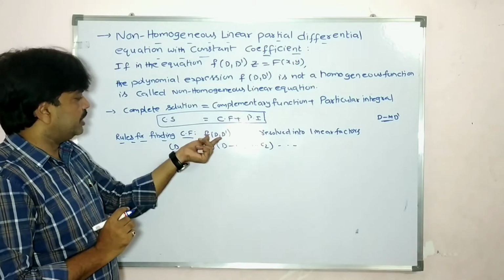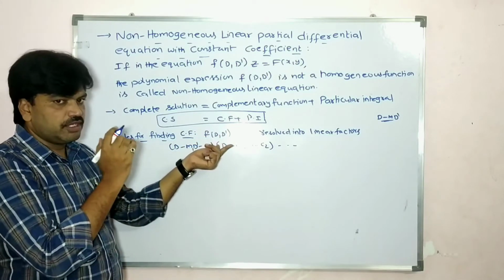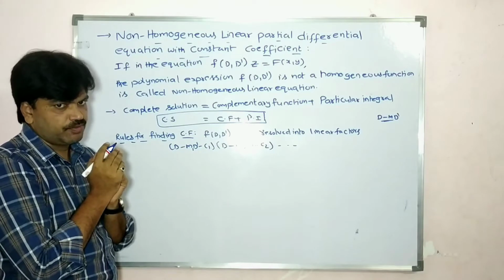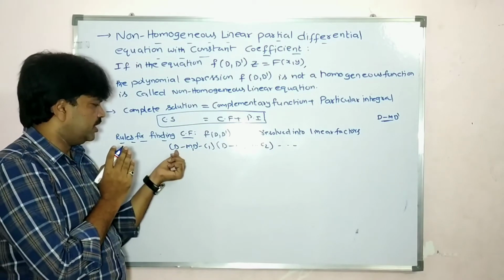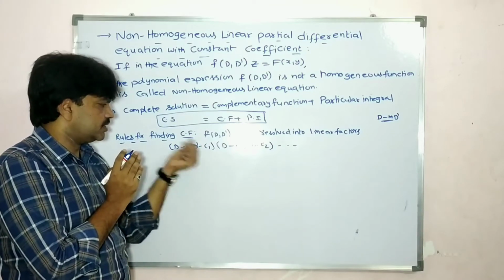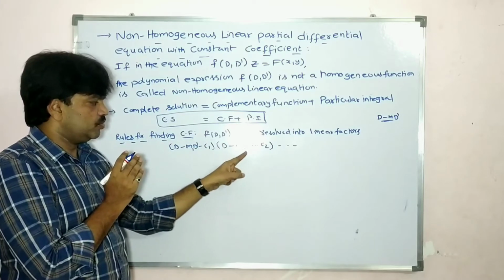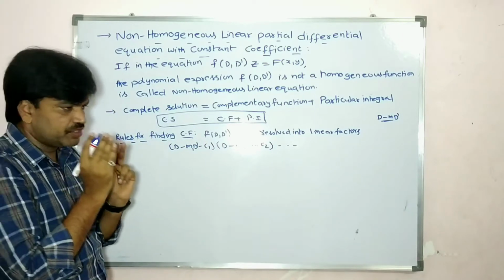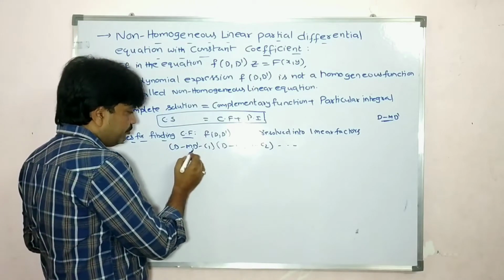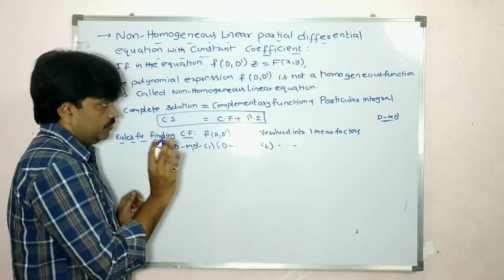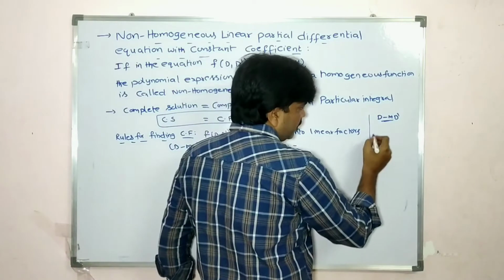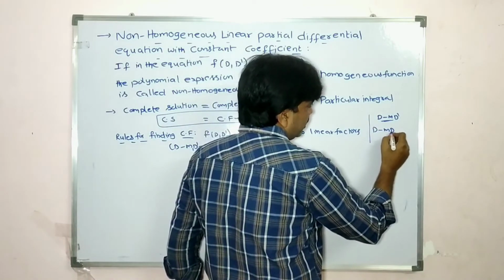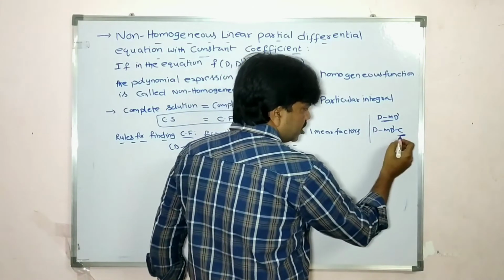F of D comma D dash can be resolved into linear factors. The factor must be in the form D minus mD dash minus c. What is the extra term here, students?